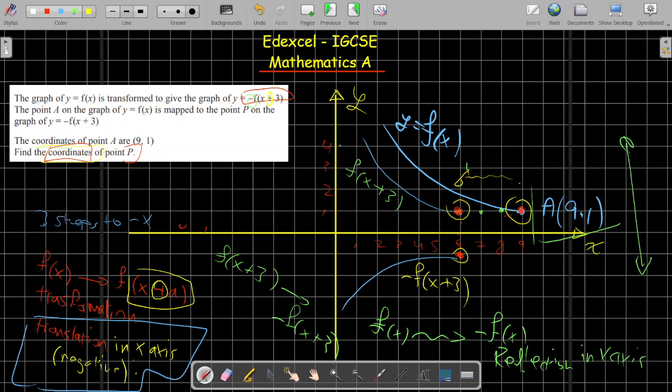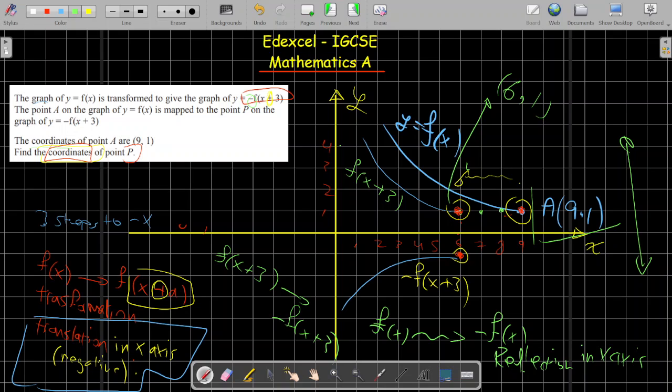So this point is going to have the coordinates of 9 minus 3. It means that it's going to be 6 and 1. This is the coordinate after the first translation. So it's going to be (6, 1).